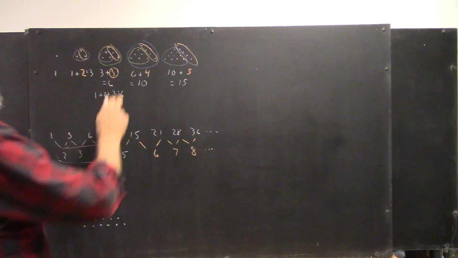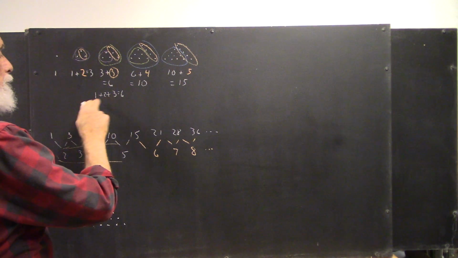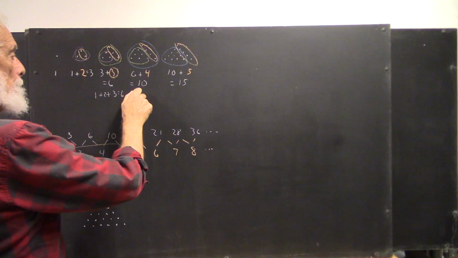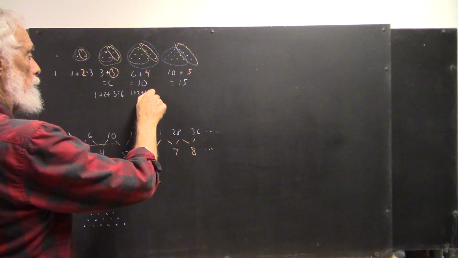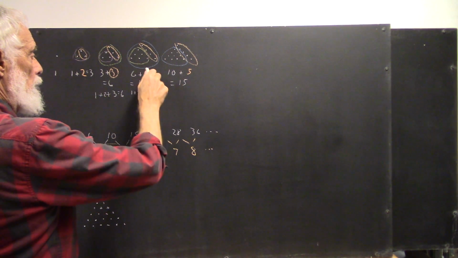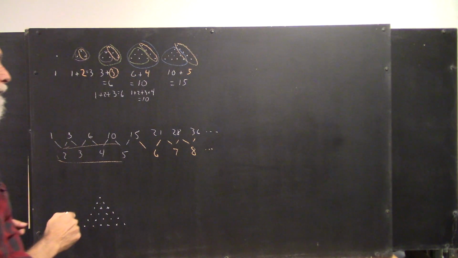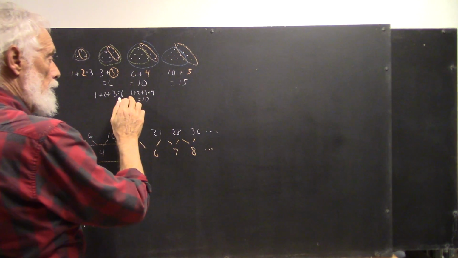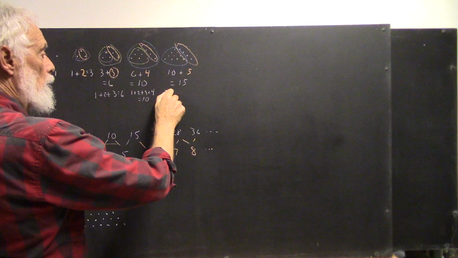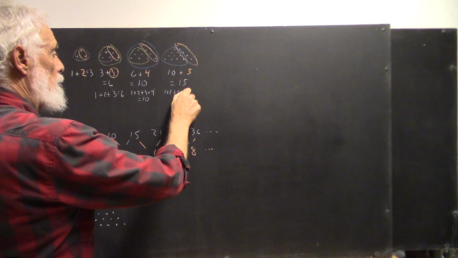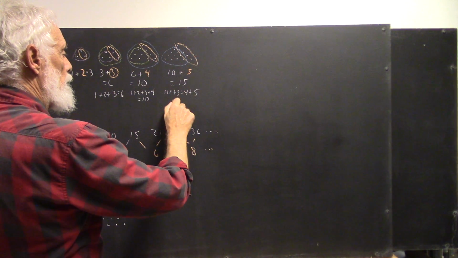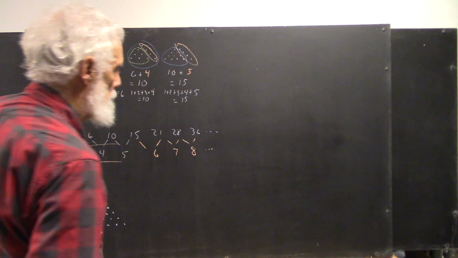Then what? 6 plus 4, well, 6 is your 1 plus 2 plus 3. And then we add the 4, and we get 10. And then the 10 is 1 plus 2 plus 3 plus 4. And then we add 5, and we get 15.